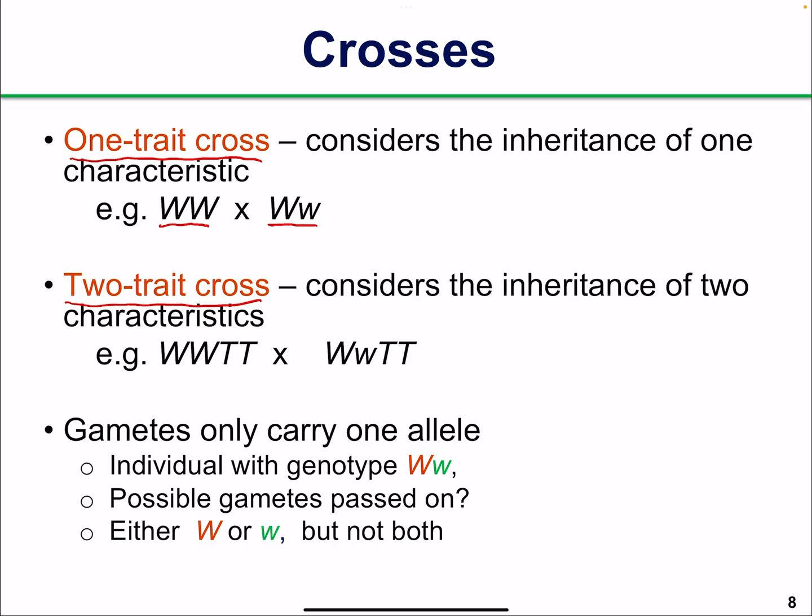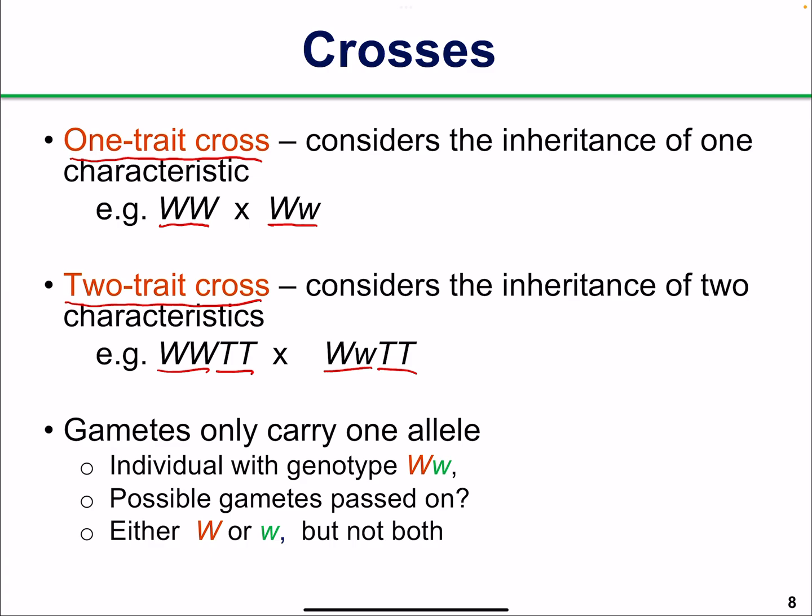So now we are not simply looking at homozygous dominant for W, but we're also looking at T, homozygous dominant T, right? And then we're looking at heterozygous W here and homozygous dominant T here.